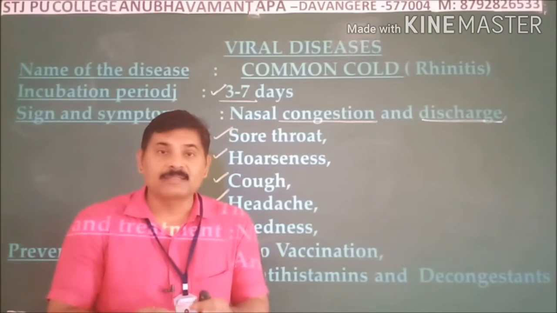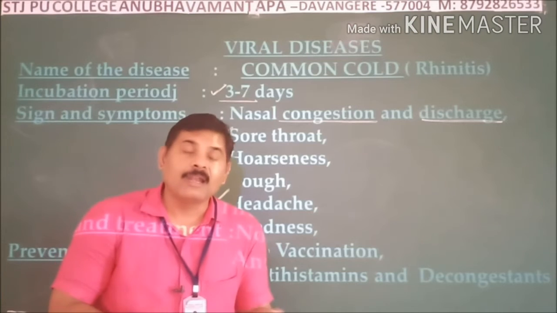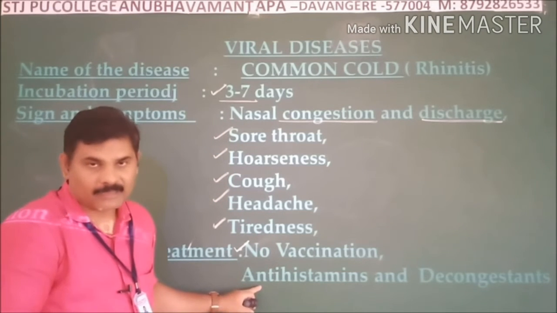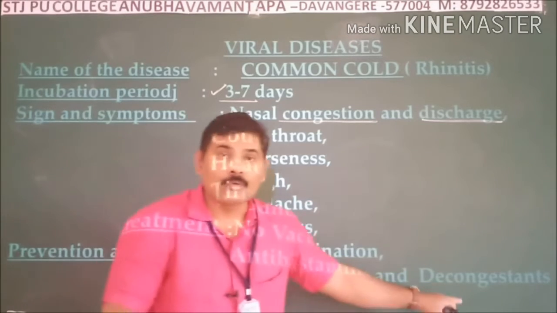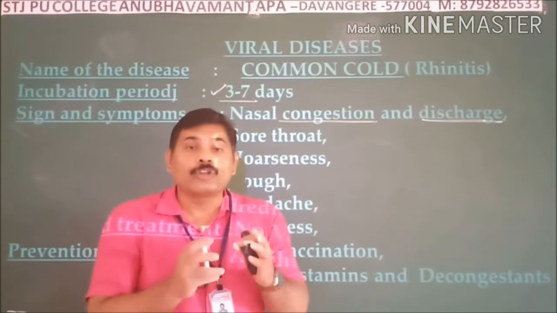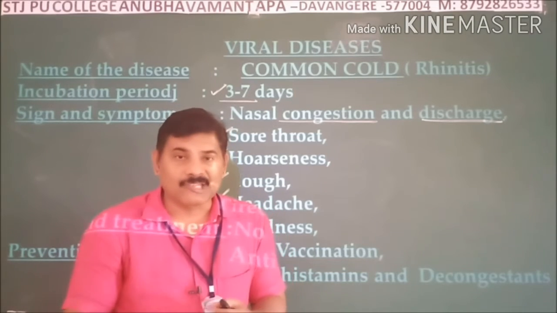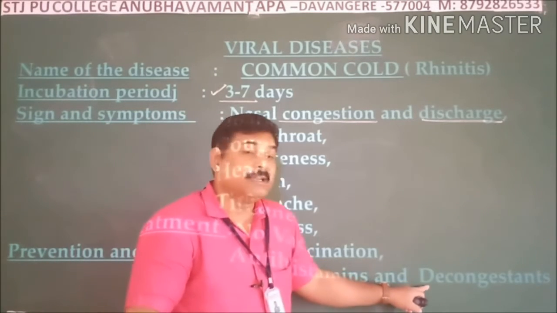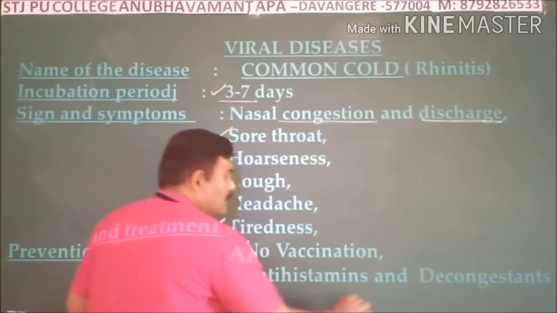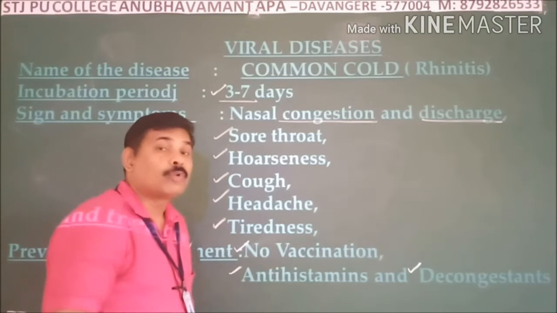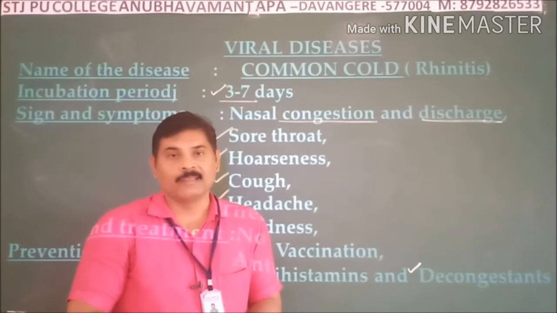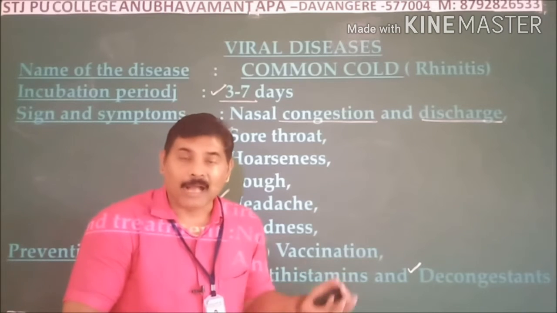In order to suppress the action of histamine, we generally take antihistamines. And as I said already, you suffer from nostril congestion, so to relieve it we generally take decongestants. These two types of drugs are used only to relieve the symptoms, but it is not a cure; that is to be noted. So this is all about the common cold.